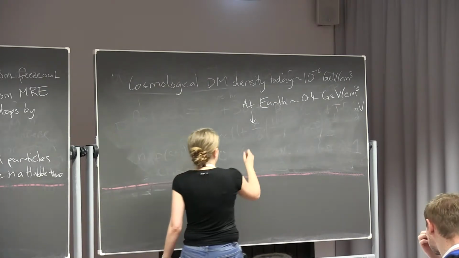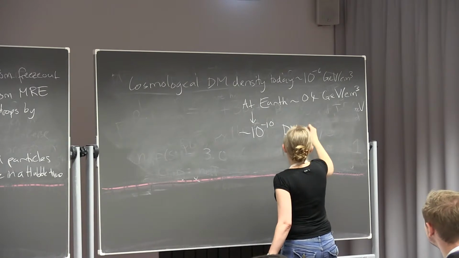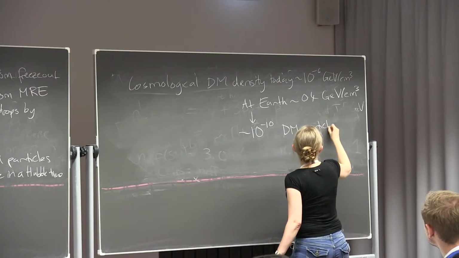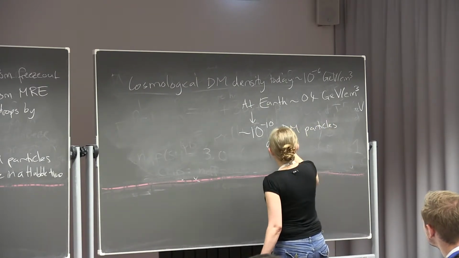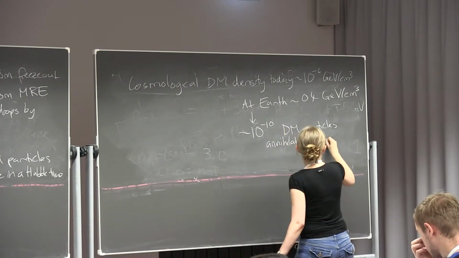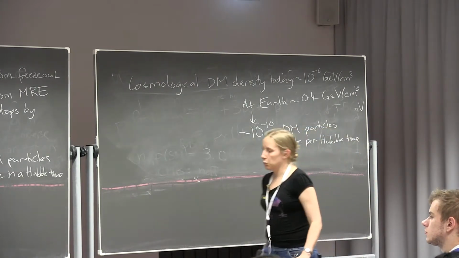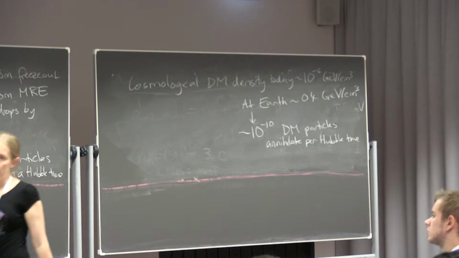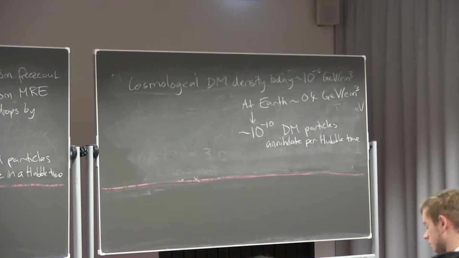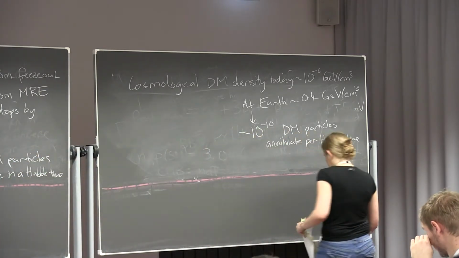So we'd guess, again, that about 10 to the minus 10 DM particles annihilate per Hubble time for a 100 GeV thermal WIMP, which is similar to the answer that we got before. As it has to be if I did this correctly, but this is just a consistency check.